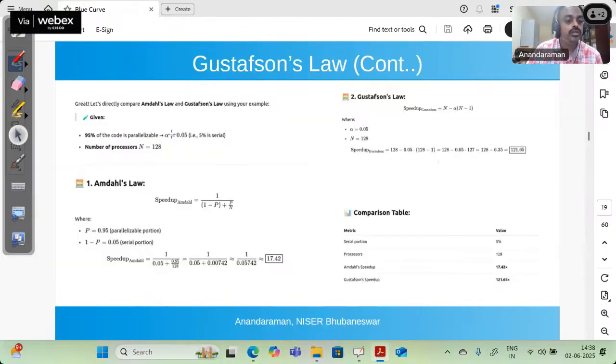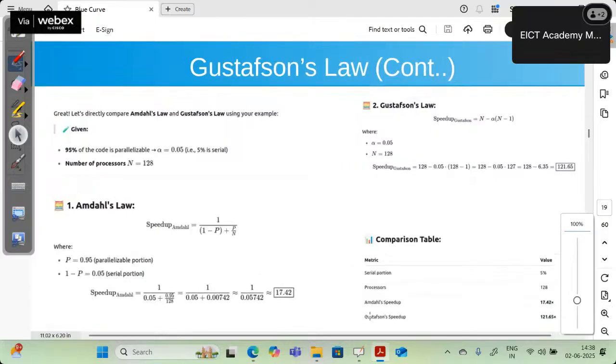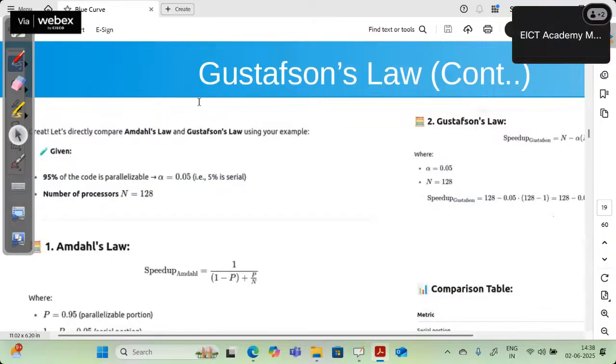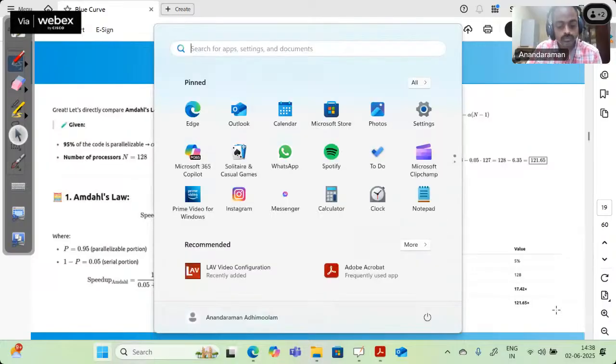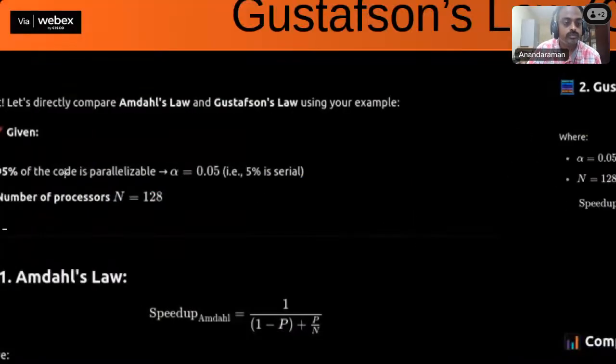Okay. So Gustafson law. A little zoom in maybe. Okay, I will zoom it. Is it okay now? Yes, sir, it is okay now. Okay, or I will use magnifier.